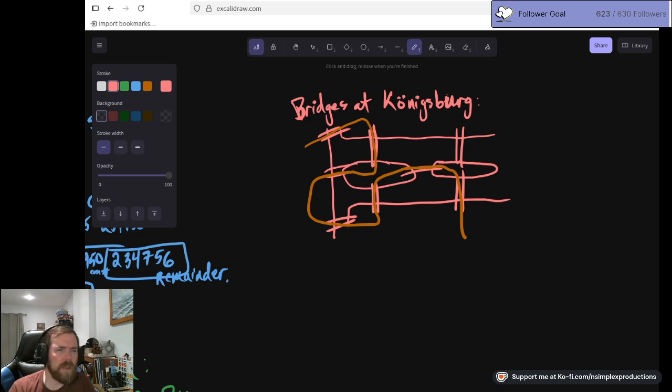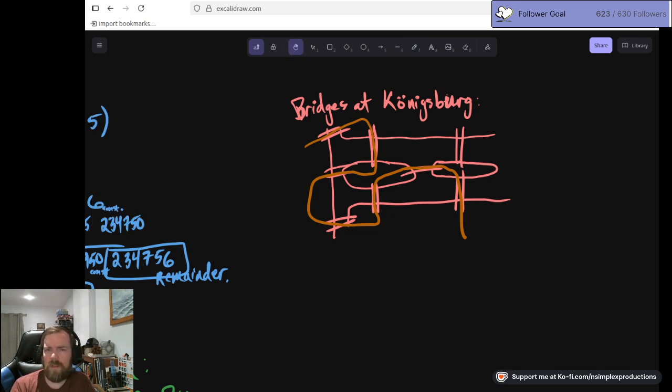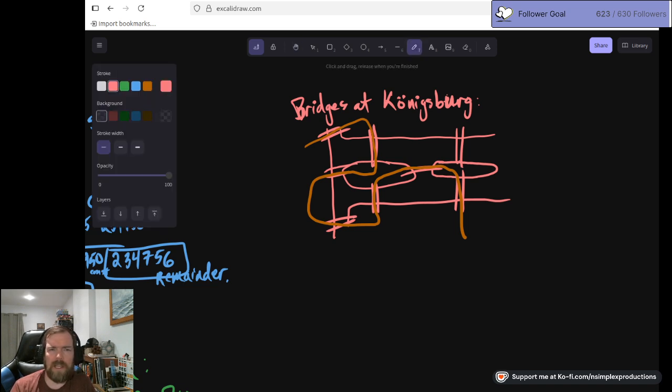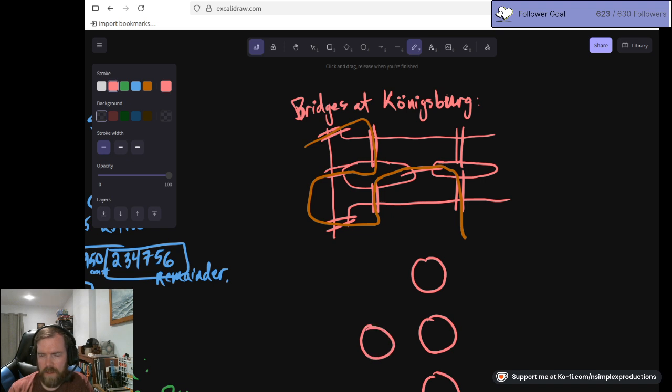There we go. So yeah, there's some interesting stuff going on with the bridges at Königsberg. Again, the idea is that you can create the land masses to be nodes, and then you have all of the bridges be represented by lines.